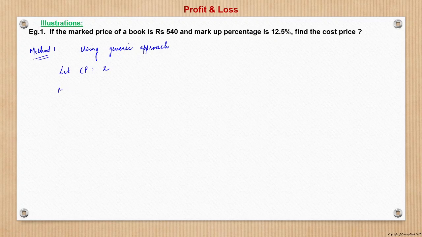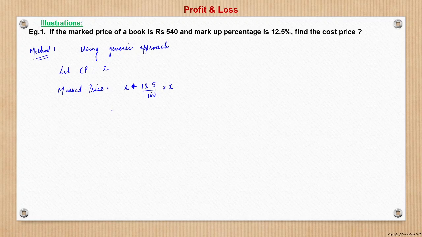So what is the marked price? Marked price is nothing but X plus 12.5% of X, since the markup is given on the cost price.